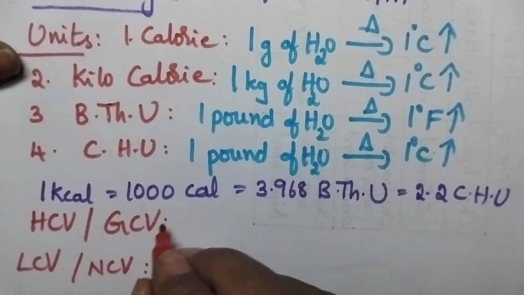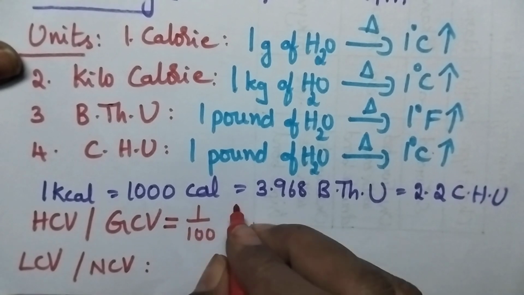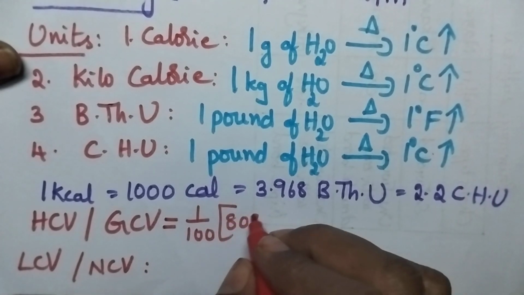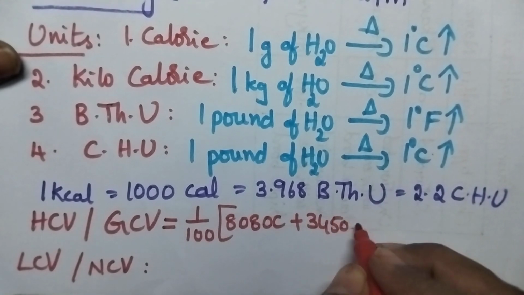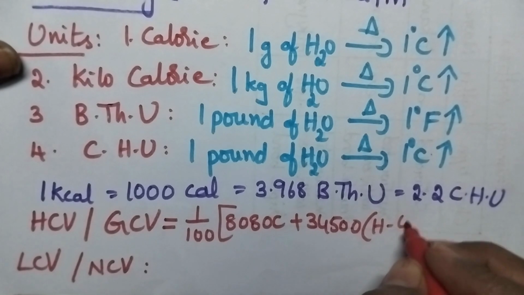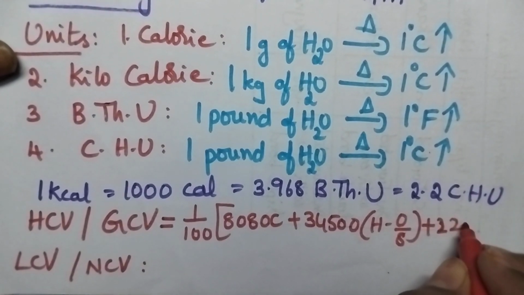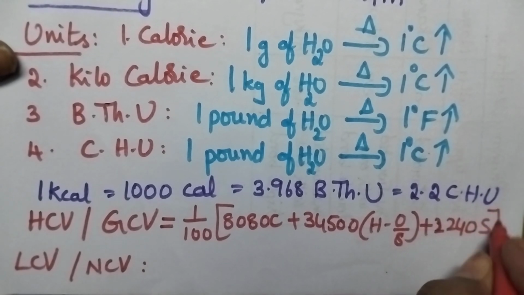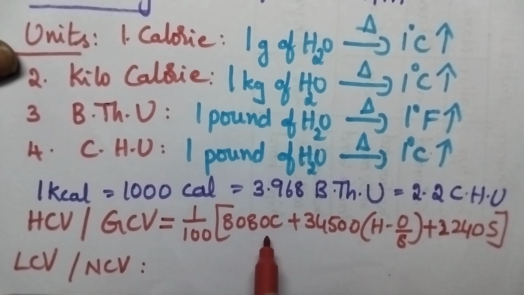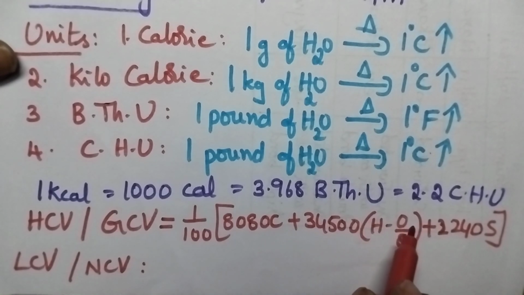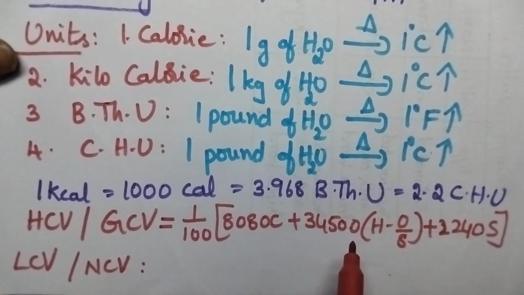It can be calculated by using Dulong's formula, that is 1/100 × (8080 C + 34,500 (H − O/8) + 2,240 S). Here C, H, O, S represent the percentage of carbon, hydrogen, oxygen, and sulfur present in the given fuel sample.